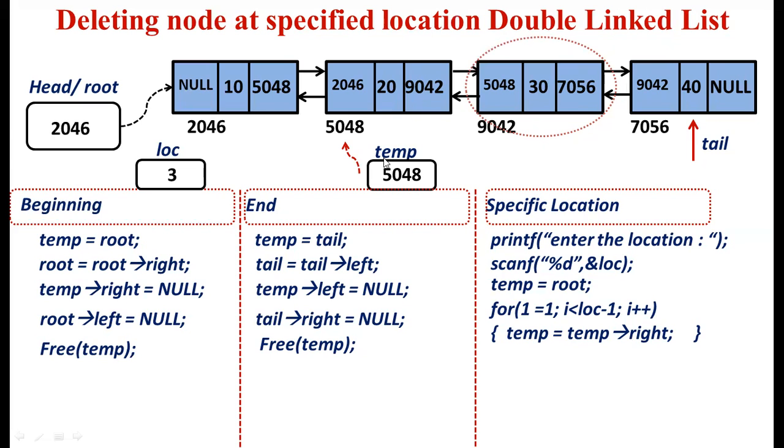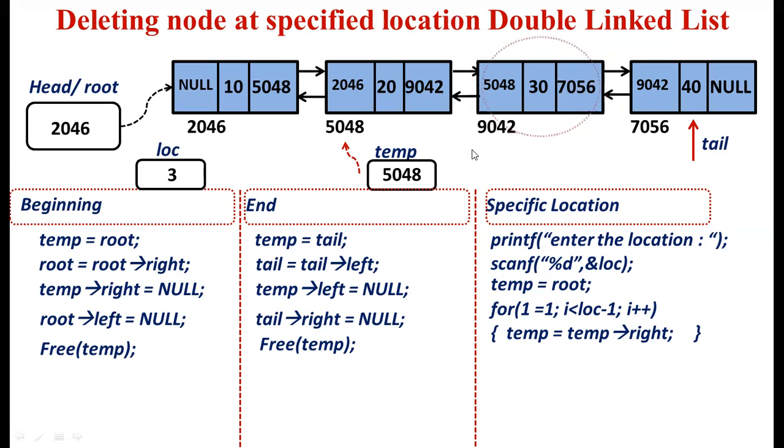In the temp to right value, we have to store this 7056 address. What is it? It is temp to right to right. The 7056 value is temp to right to right. So that value we have to assign to temp to right.